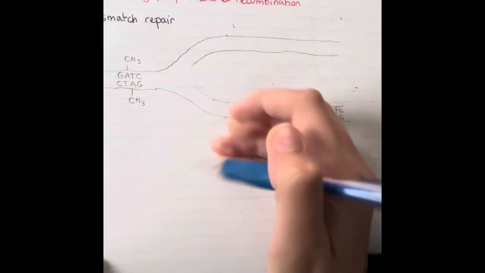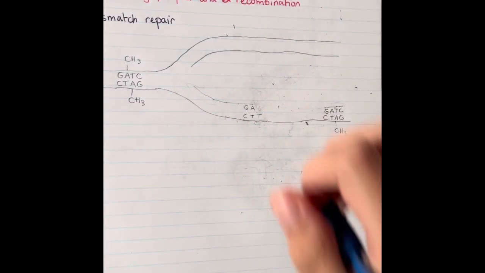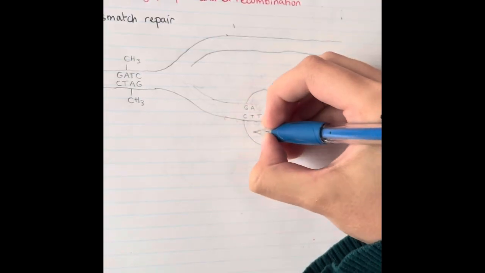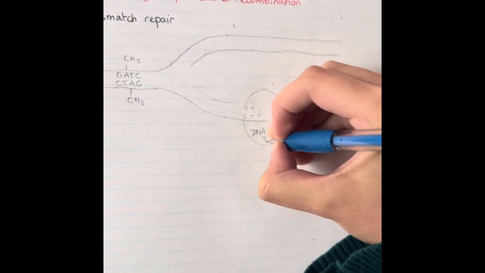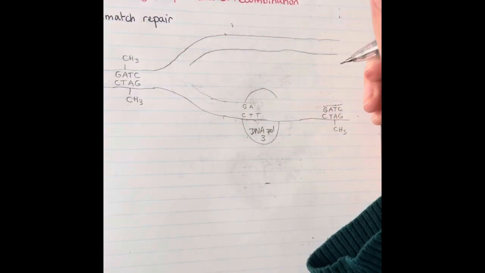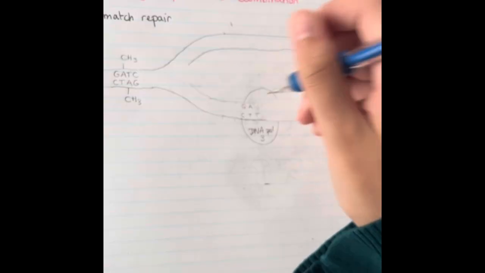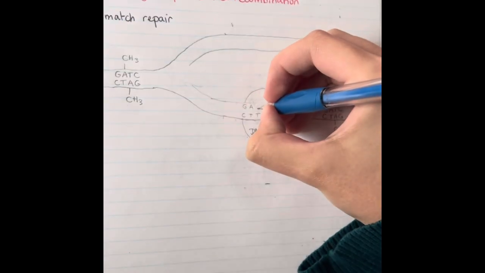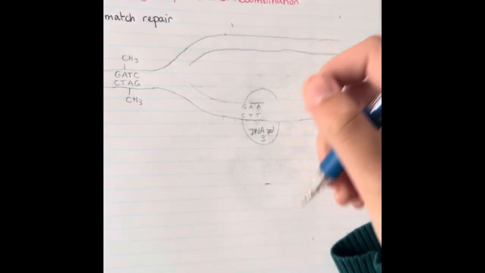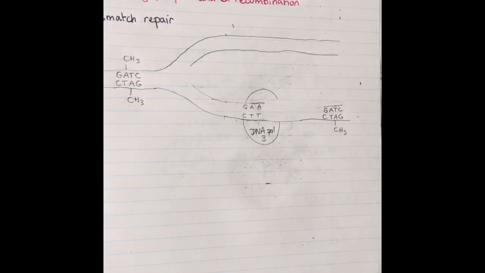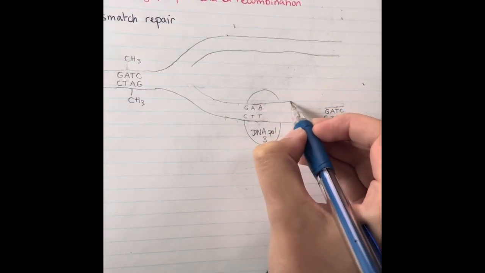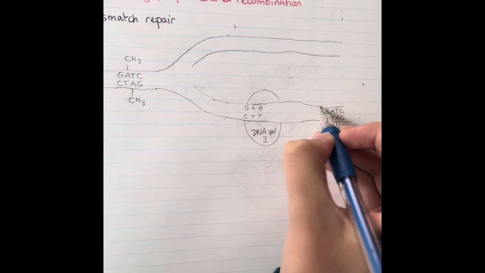The protein that we need is another DNA polymerase, polymerase III, to come and fix the mistakes that were made by the previous one and put an A instead of, I don't know, what was the original mistake, a G maybe? But yeah, and it will continue the rest of the strand.